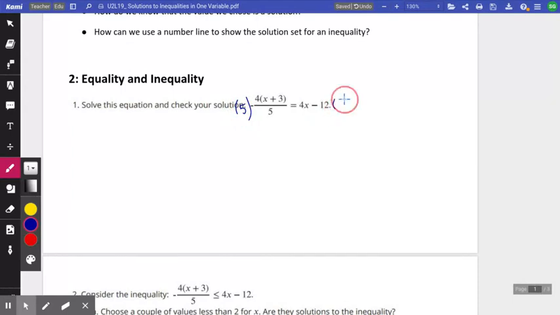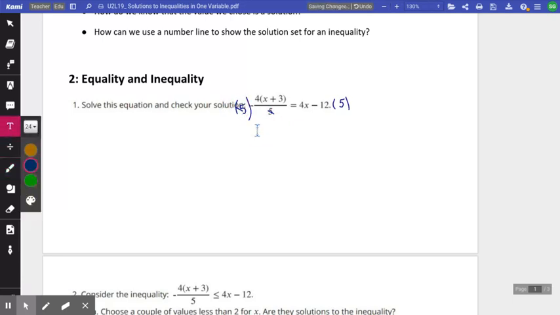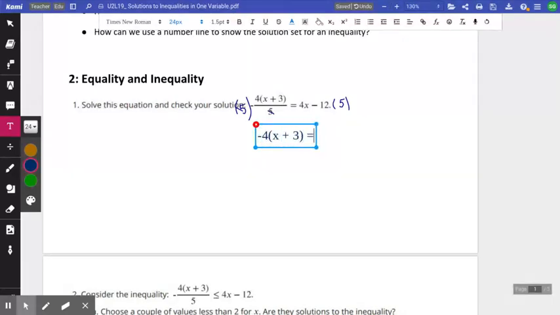If you used that cross multiplying method when you were trying it, it's going to end up giving you the same result. When I come in and multiply both sides by 5, remember I'm doing that to get rid of this division by 5 over here. So those 5s would cancel out. On that left side of our equation, that leaves me with that negative sign that I'm not going to forget about, the 4 times the x plus 3.